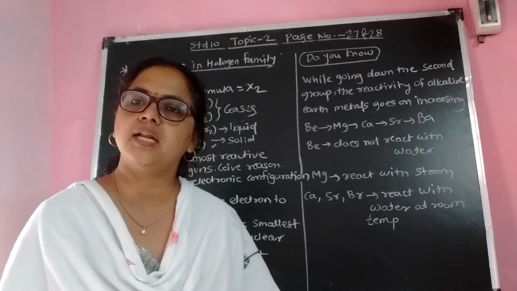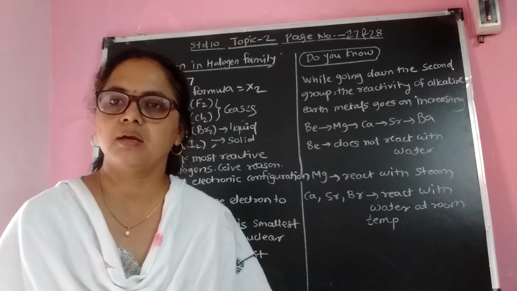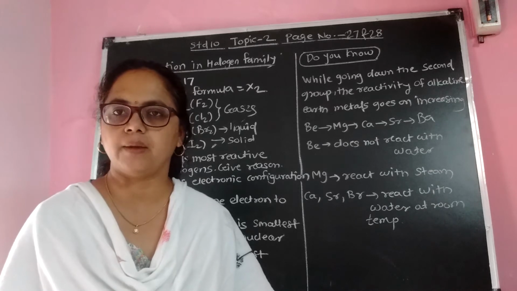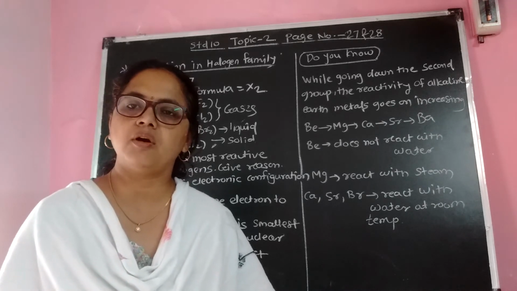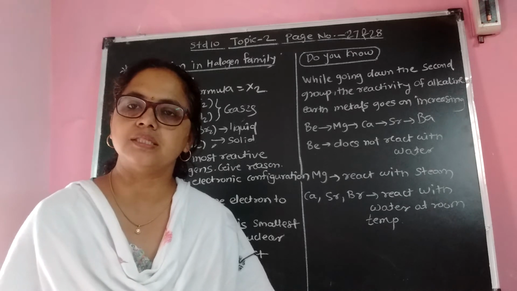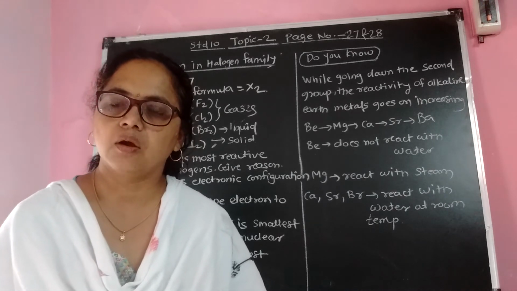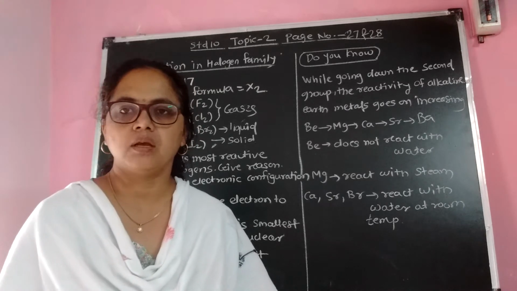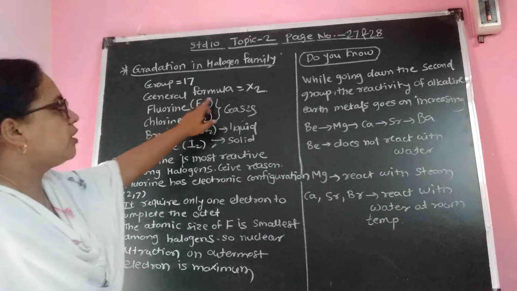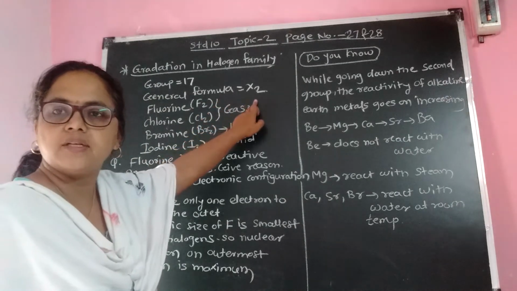Now the next point is gradation in the halogen family. Gradation means variation in the halogen family. Group 17 in the modern periodic table contains the halogen elements, or you can say group 17 is called halogen. The general formula of halogen is X2.